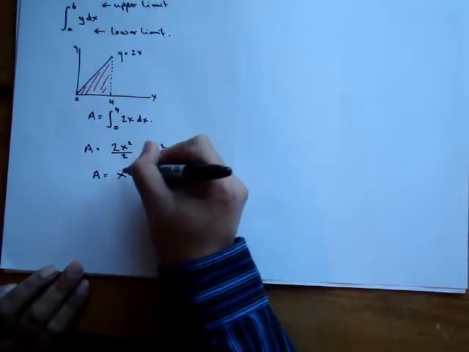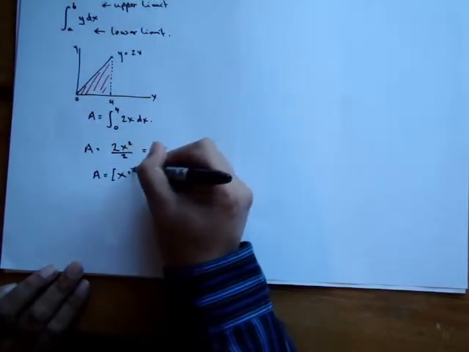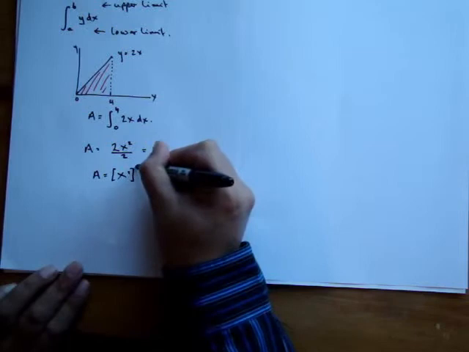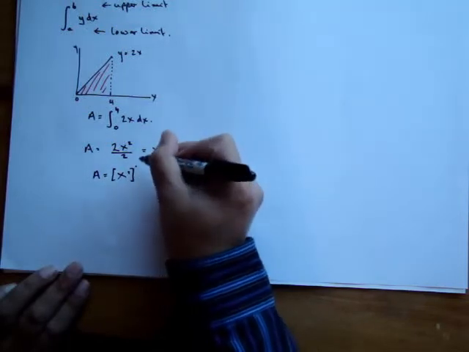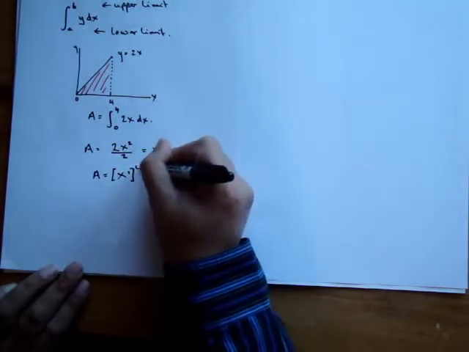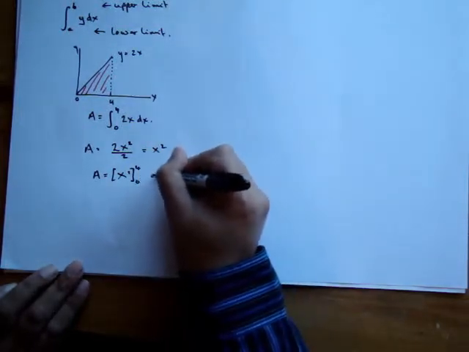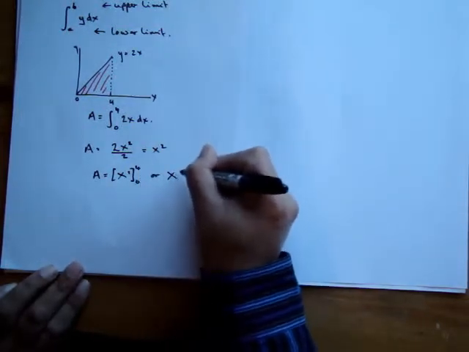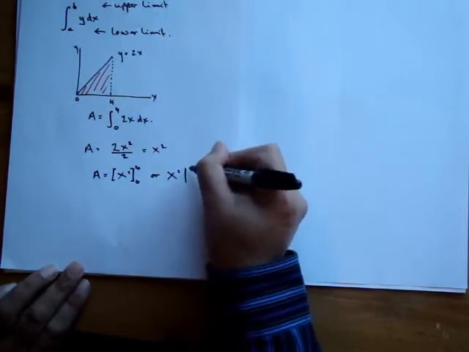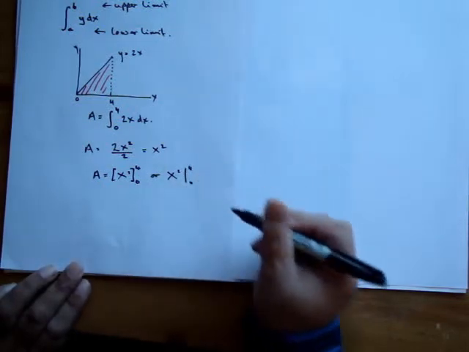And we can either draw brackets like this and write 4, 0, or we can write the x squared and a line with 4, 0.